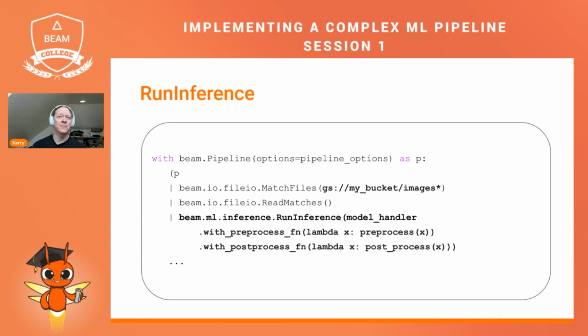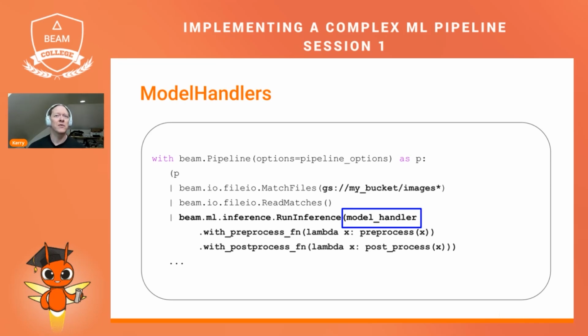With run inference, you can use a model handler class that takes care of all of the details of a particular modeling framework, such as TensorFlow, PyTorch, etc. And you can chain onto the model handler and onto the run inference call items like pre and post processing functions or error handling. Run inference itself will handle the batching, model loading, and other basic functionality.